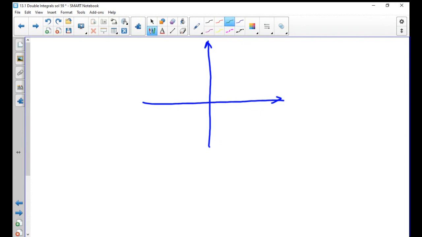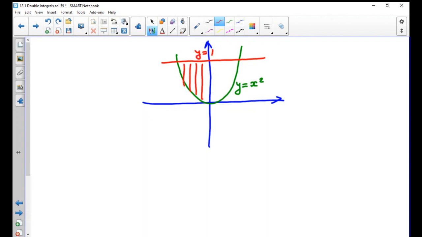R is bounded by the two curves y equal x squared, which is this curve, and y equal 1, which is this curve. So here is the region R, and I want now to find the integral over R of x squared plus y squared dA.